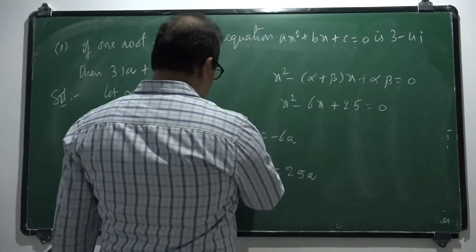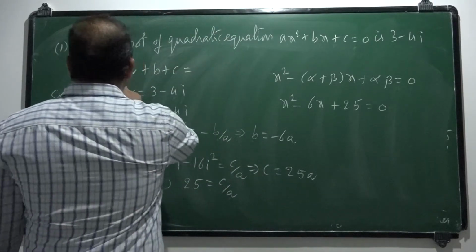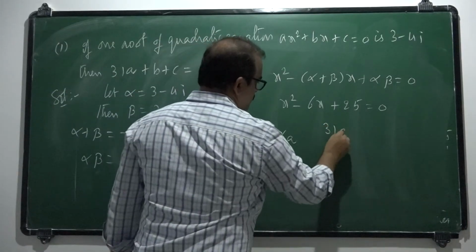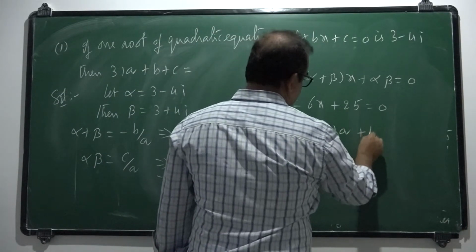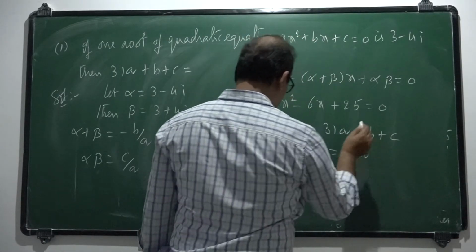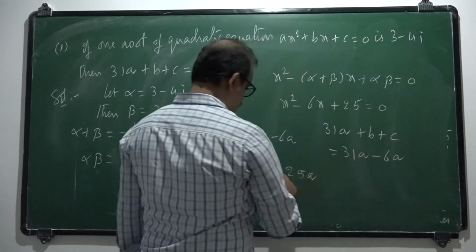Now substitute this b value and c value in this. 31a plus b plus c, that is equal to 31a. What is b? Minus 6a. What is c?